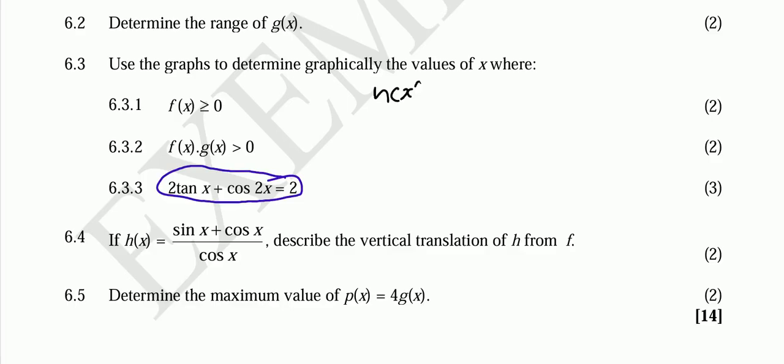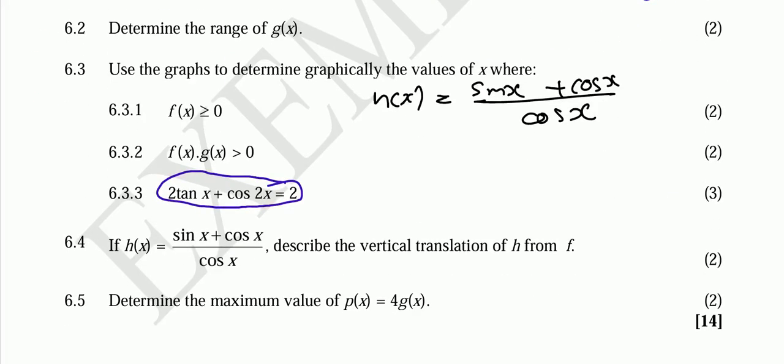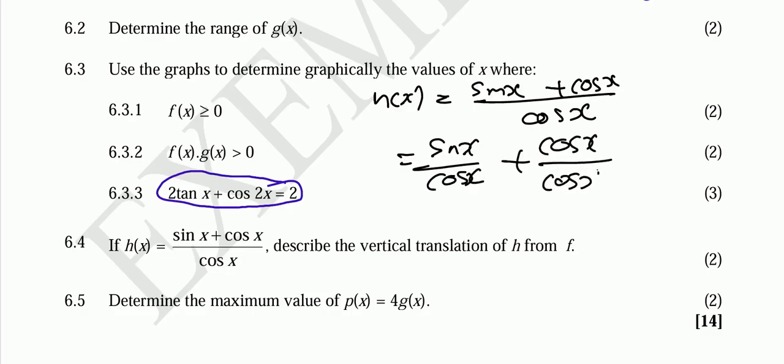Let me try looking at this thing and see what they did. We can just break this thing and say it's sine x over cos x, since it's the same denominator, plus cos x over cos x, right? Then this is tan x plus 1. Wow, they were trying to confuse us.